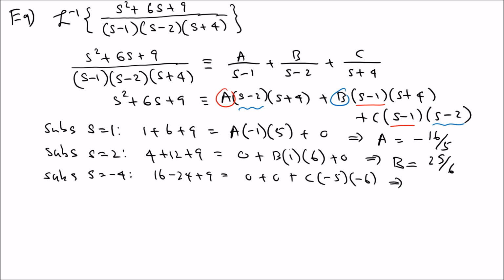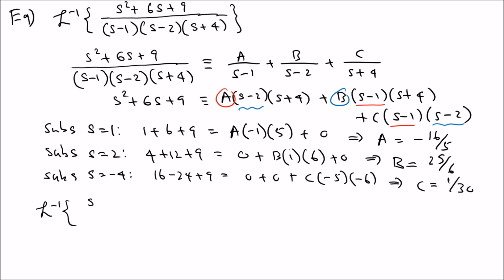Let's simplify. You can see 16 plus 9 is 25, so C is 1 over 30. Okay, those are the numbers that you get. Everything looks good. We can write the answer now. So you can see L inverse.